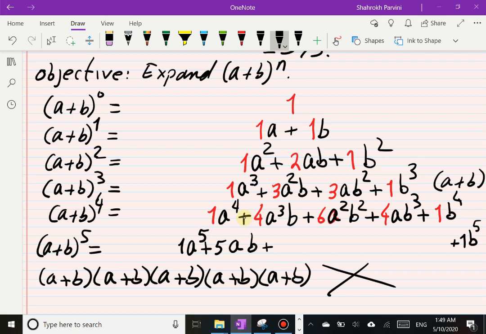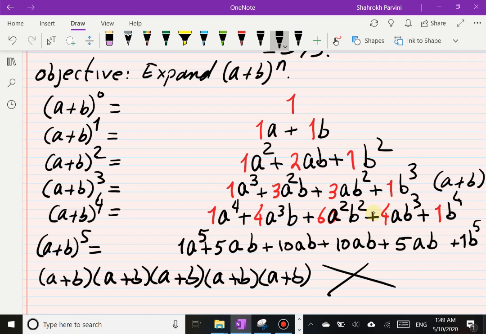I'm just going to work the coefficients. 4 and 6 makes 10, so I'm going to put ab. Then 6 and 4 makes 10 again, so that's going to be 10, and again I put ab. And then 4 and 1 makes 5, so I'm just going to put 5 and then ab again. So we got the coefficients.